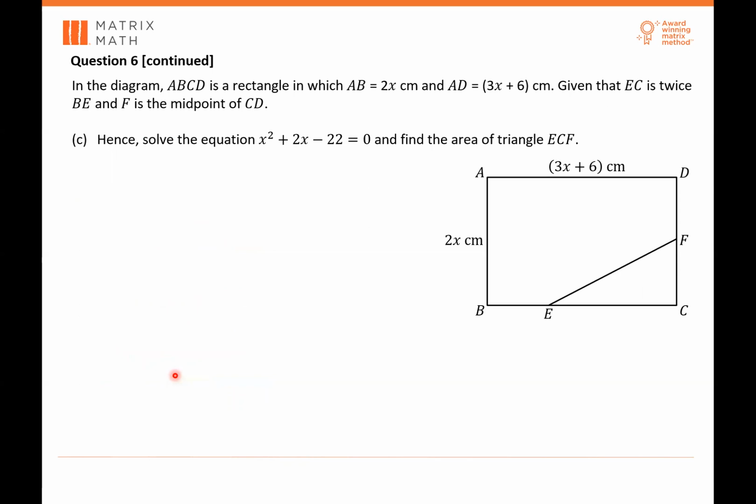Now part C, hence solve the equation x squared plus 2x minus 22 equals 0 and find the area of triangle ECF. Okay, so how do you solve this equation? Over here, I'm using my quadratic formula.